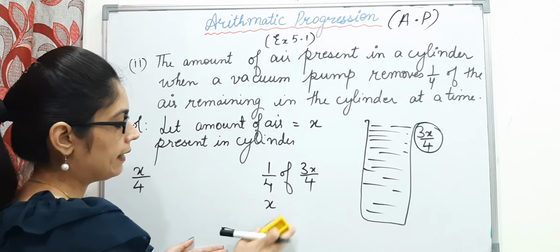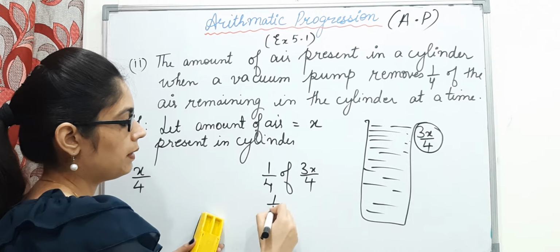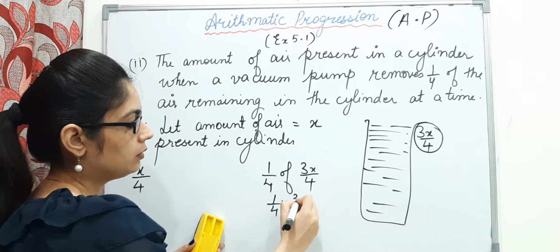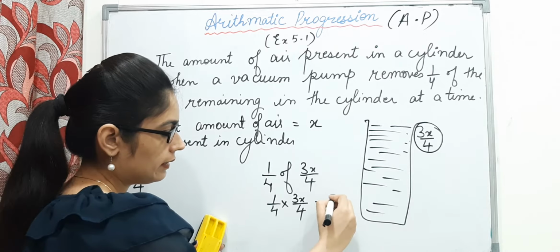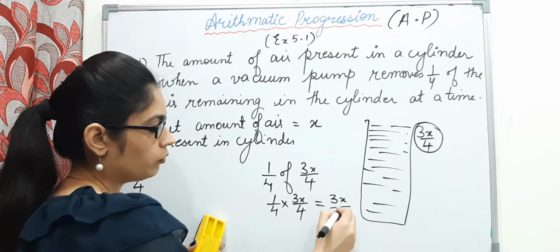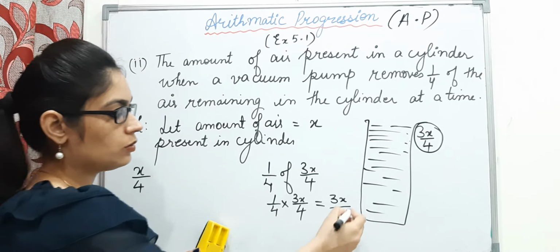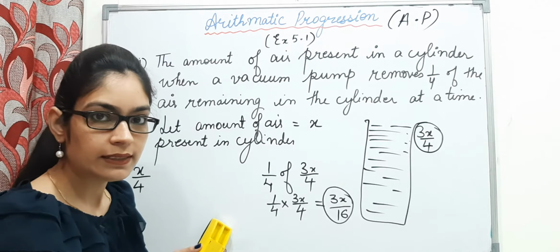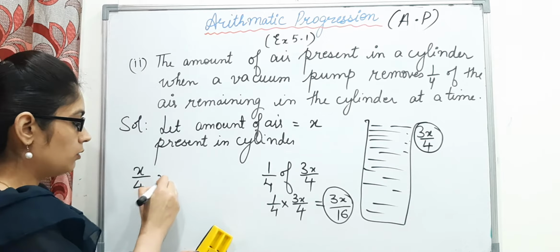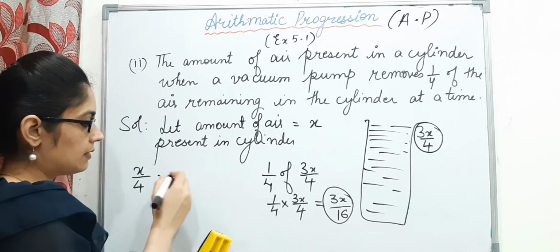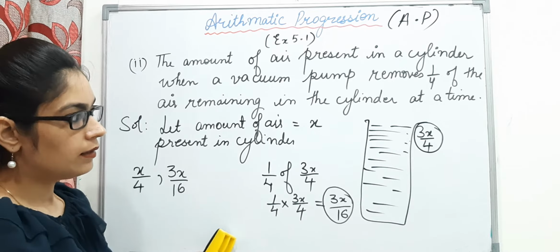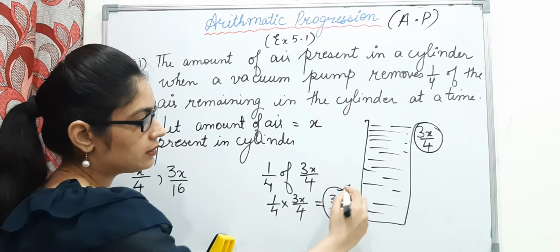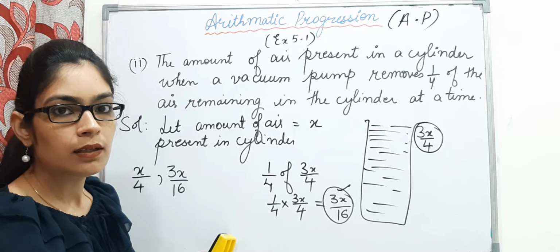It will be 1/4 into 3x by 4. So 1 into 3x is 3x, 4 into 4 is 16. So this much air is removed the second time. We can write this as the second term, 3x by 16. Now 3x by 16 is the amount of air removed.